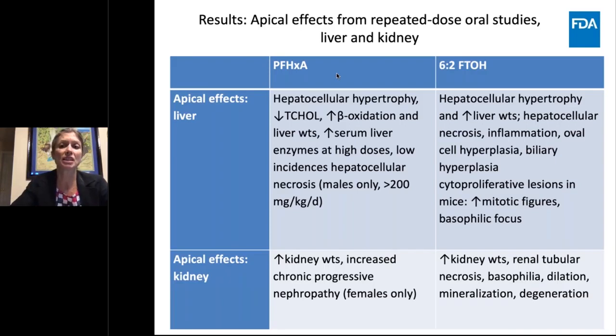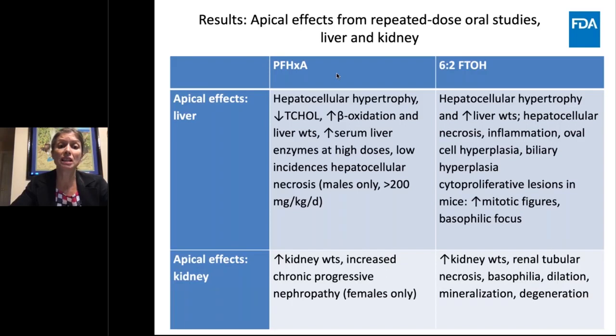You get hepatocellular necrosis, inflammation, oval cell hyperplasia, biliary hyperplasia, and in mice, cytoproliferative lesions, including increased mitotic figures, and in male mice, a basophilic focus. So in summary, the liver effects with 6,2-fluorotelomer alcohol are both more adverse and indicate proliferation, whereas with perfluorohexanoate, you only get hypertrophy.